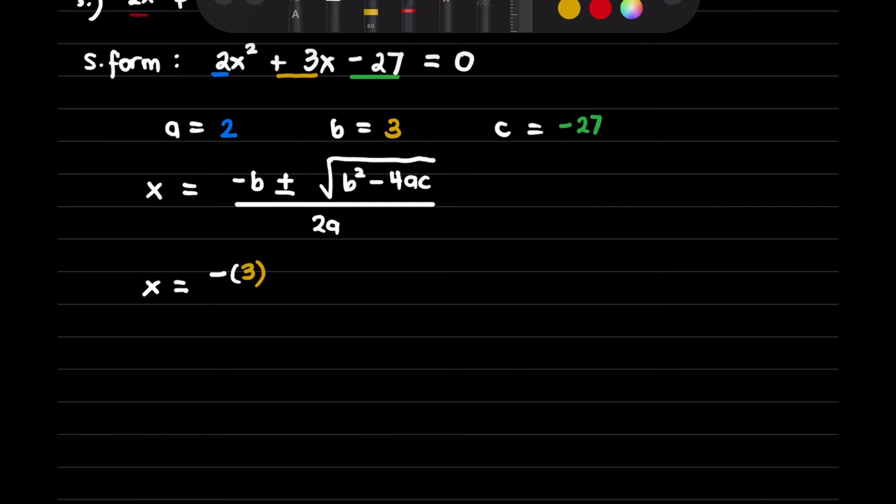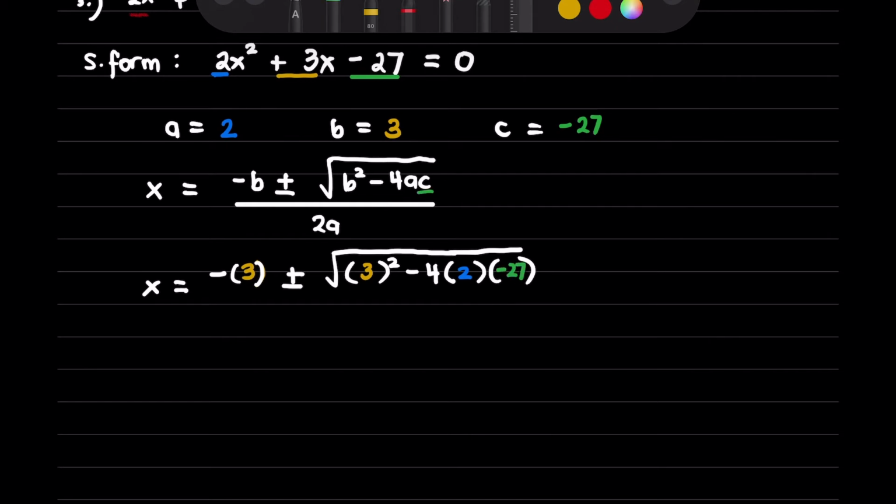Plus minus the square root of b squared. Ano yung b squared? Ano ang b natin? That is 3. Minus 4. Ano ang a natin? Ang a natin is 2. At ang c natin is negative 27.